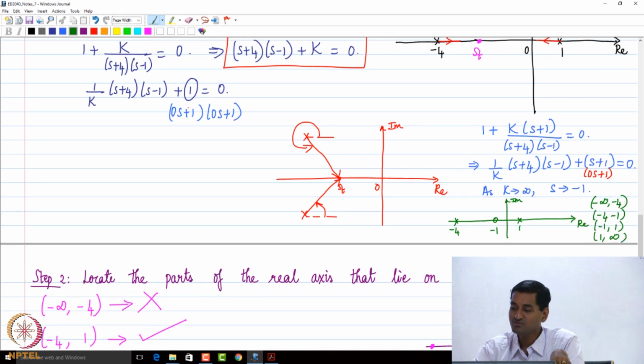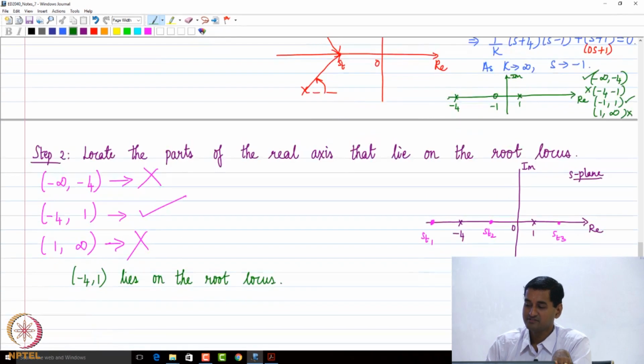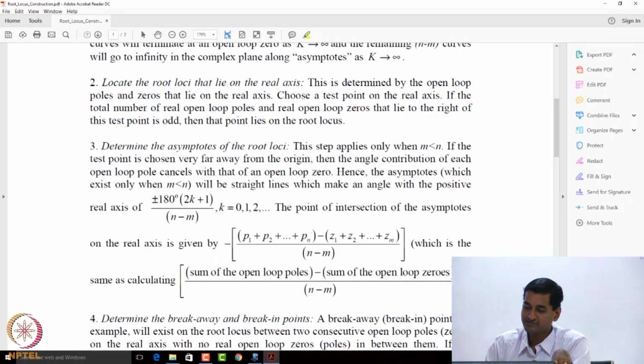If you use this, you will see that minus infinity to minus 4 will now be on the real axis, because any test point here will have 3 open loop poles and open loop zeros to the right. This will no longer be there. Minus 1 to plus 1 will be giving you an odd number. This will not. Okay, so that's the difference which you get, right? So once you have the 0, that step is generic enough, right?